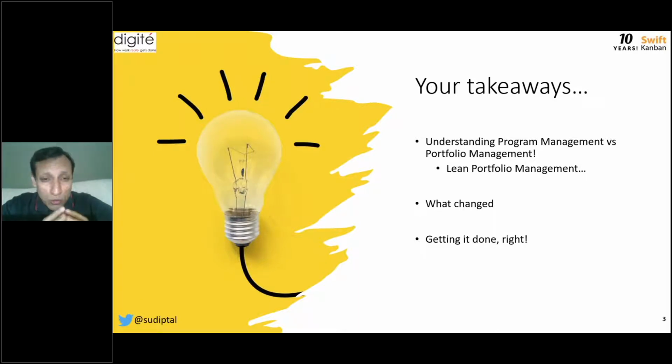So what I hope to be able to clarify is where does portfolio management focus, where does program management focus. Of course, talk about lean portfolio management, and then get into how you could actually go about doing overall program management when you're working the lean agile way.